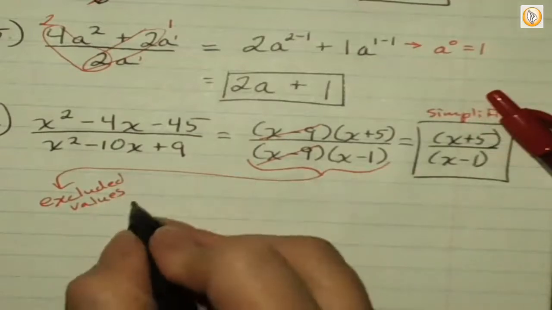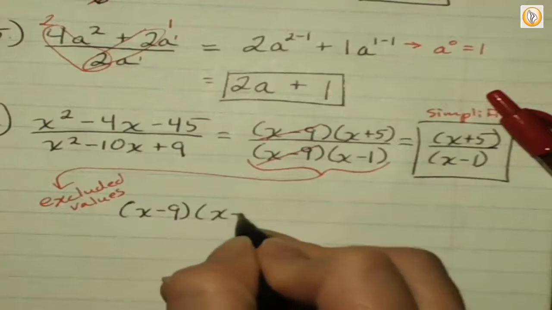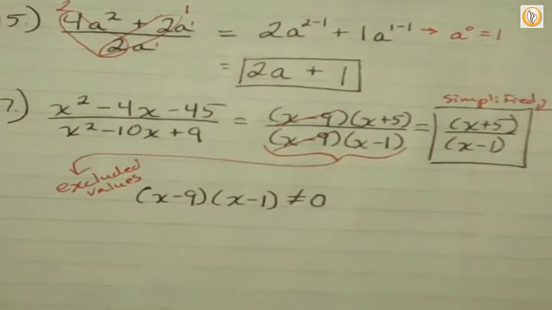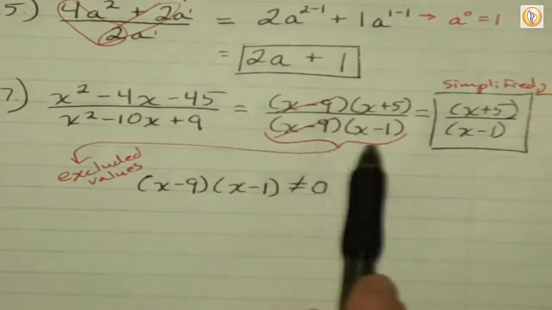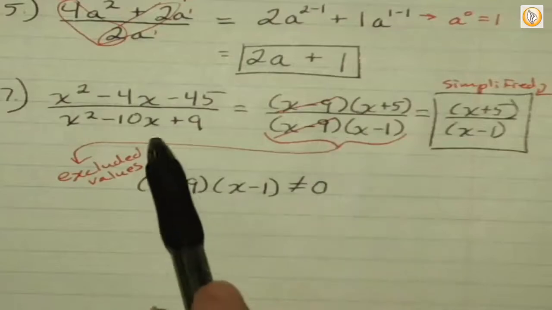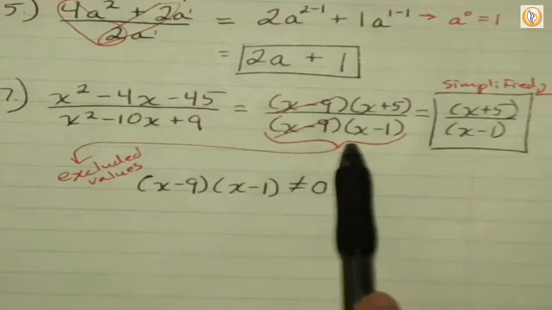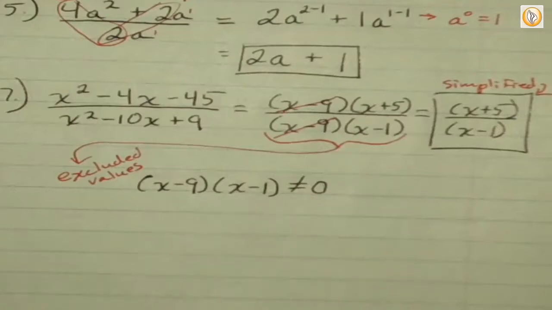So we have x minus 9 times x minus 1 does not equal 0. Does everyone see what I'm doing, where I got that? We're taking the denominator. You could take this, but you're going to end up with this anyway, right? Okay, so now what do I do?